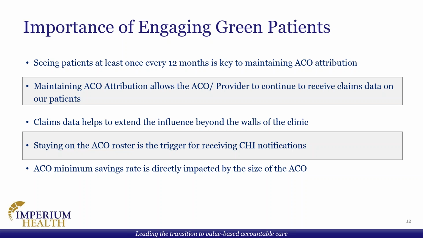And then the ACO's minimum savings rate, or the amount of money that an ACO must achieve, is directly impacted by the size of the ACO. Meaning that an ACO of 10,000 would have a lower minimum savings rate, or minimum amount saved per patient, than an ACO of 5,000 or 6,000 in order for the ACO to be able to keep some of those savings that they've earned. Now, certainly our number one priority is how can we improve the health of our patients.